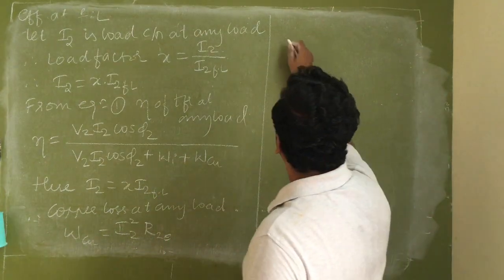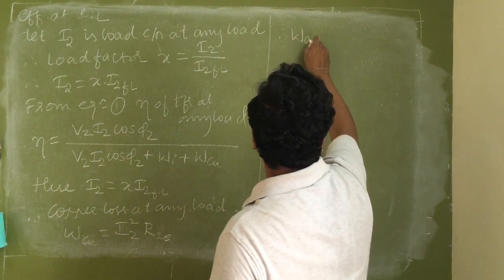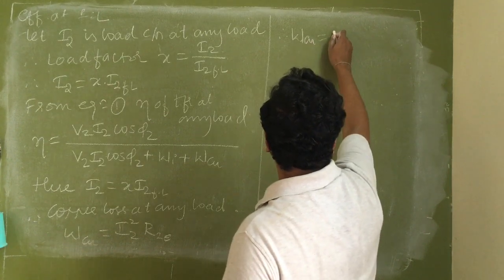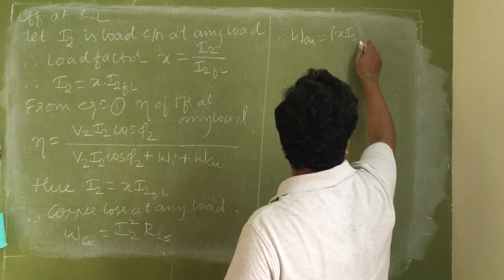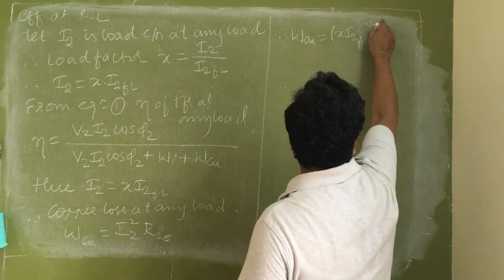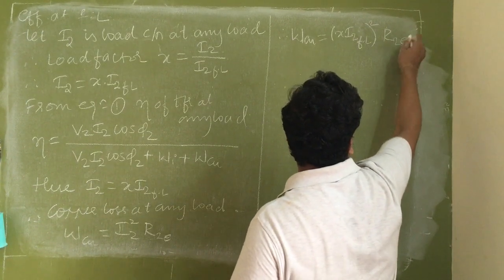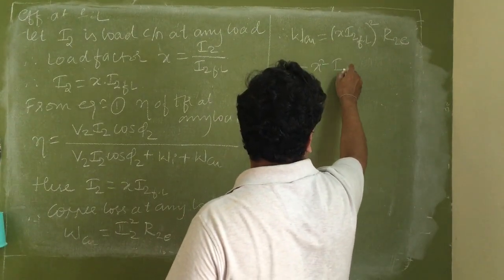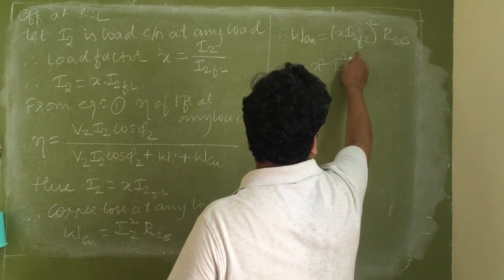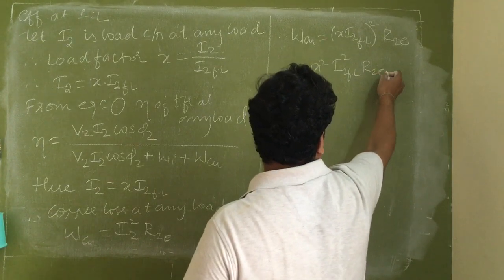Therefore, W_cu is equal to x square I2 full load square R2e.